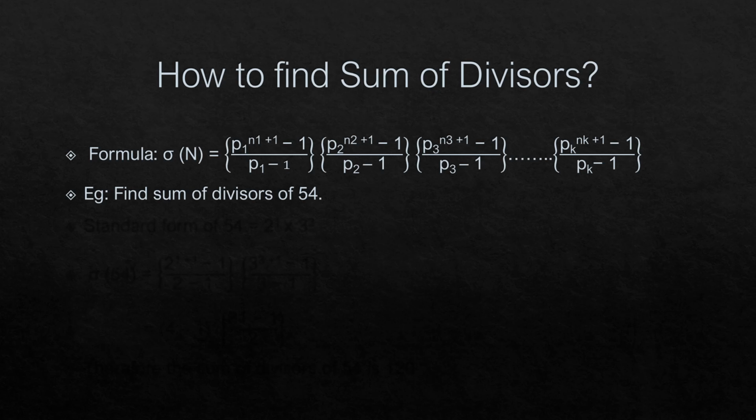So as we have seen in our previous slide, standard form of 54 is 2 raised to 1 into 3 raised to 3.